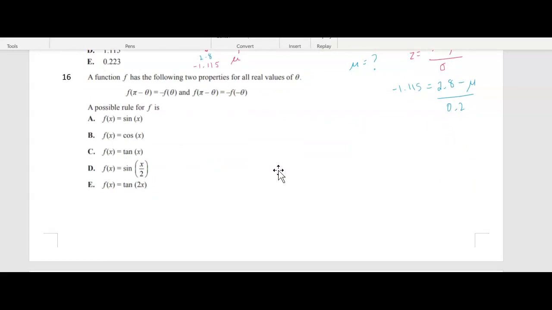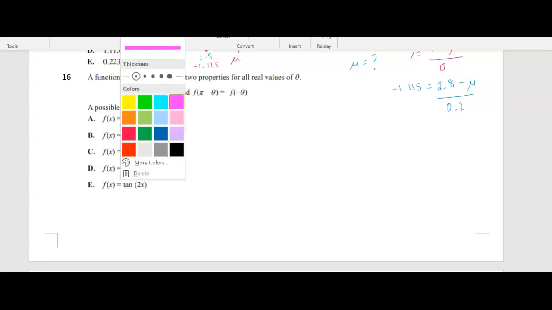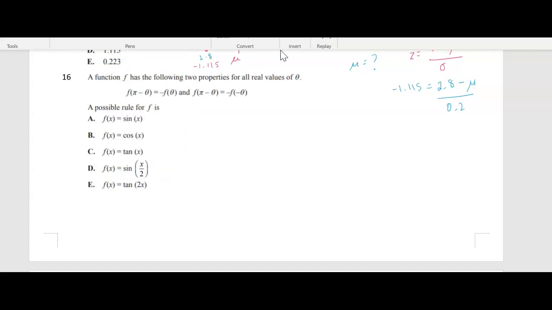Question 16. A function f has the following two properties for all real values of theta. A possible rule for f is... Okay, so what we have is pi minus theta is equal to negative f of theta, and f of theta minus 0 is equal to negative f negative theta.